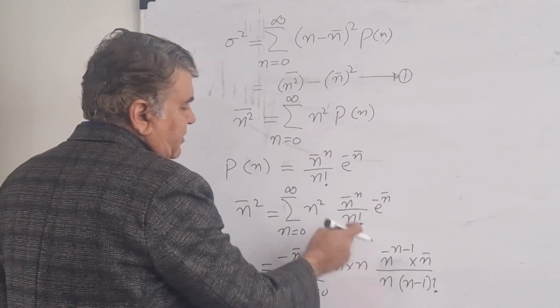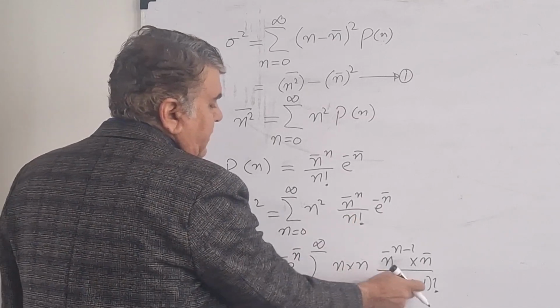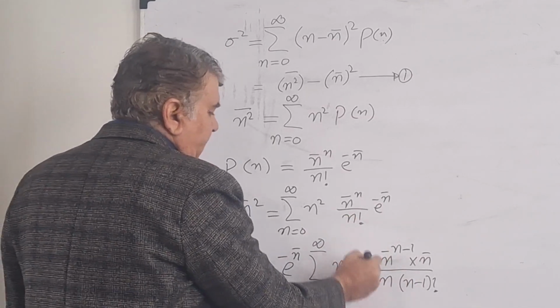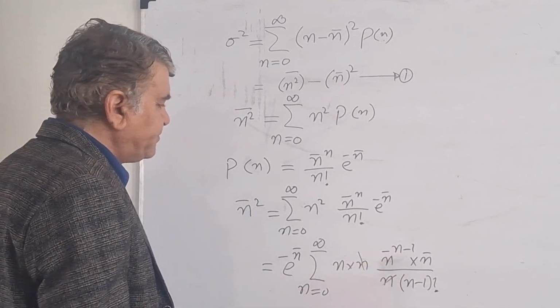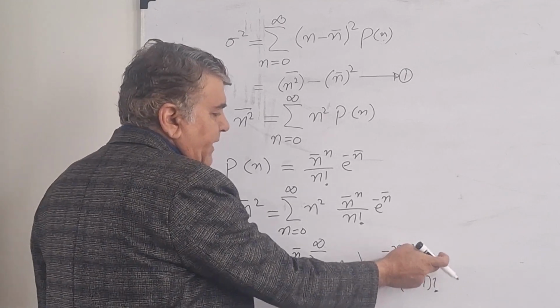That is, I can factorize n factorial into n times n minus 1 factorial. I cancel one of the n in the numerator with the n in the denominator.